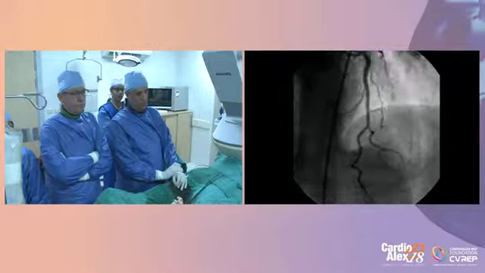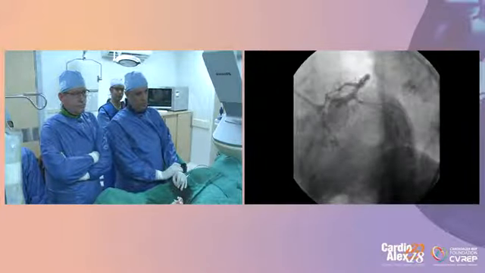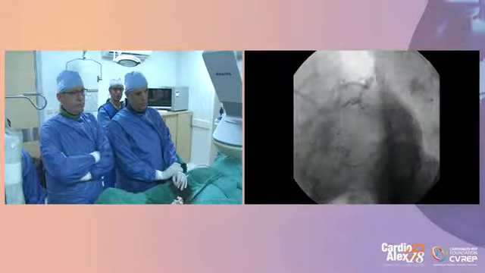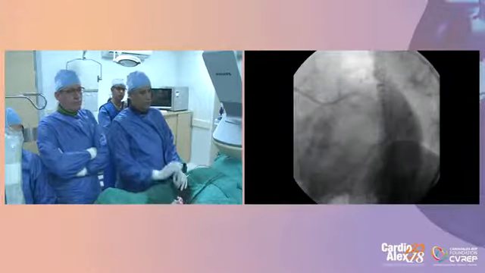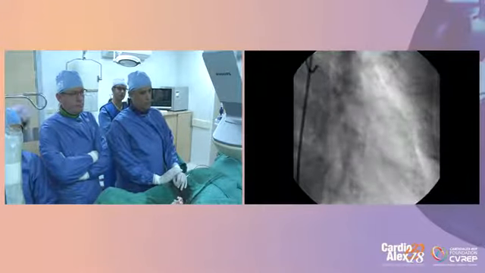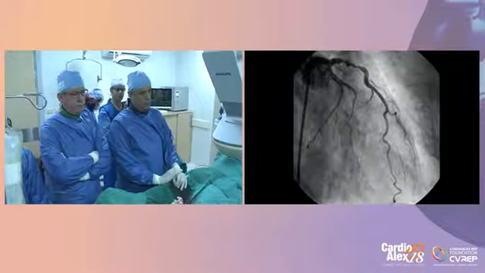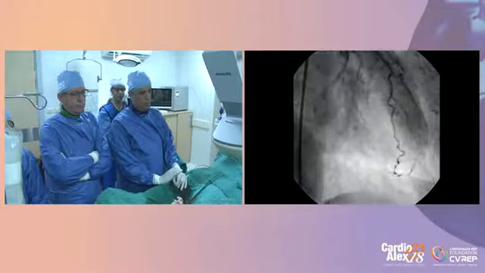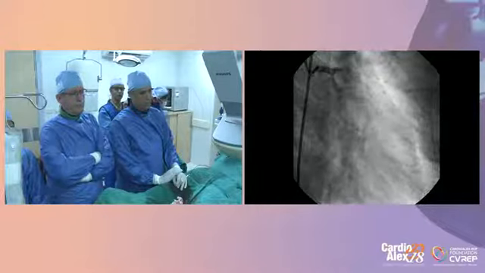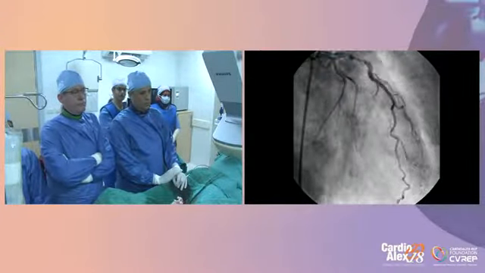In this view we can see the stump of the ramus intermedius. And here in this view we can appreciate the eccentric lesion in the proximal to mid LAD in this tortuous vessel.